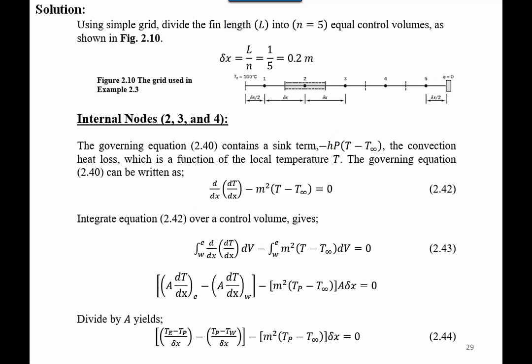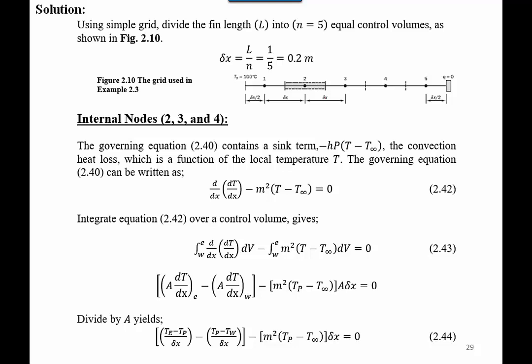The convection heat transfer coefficient is a function of the local temperature T, and the governing equation can be written as shown in equation 242.